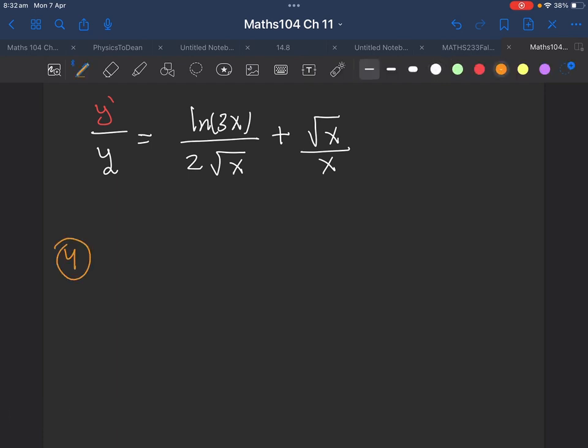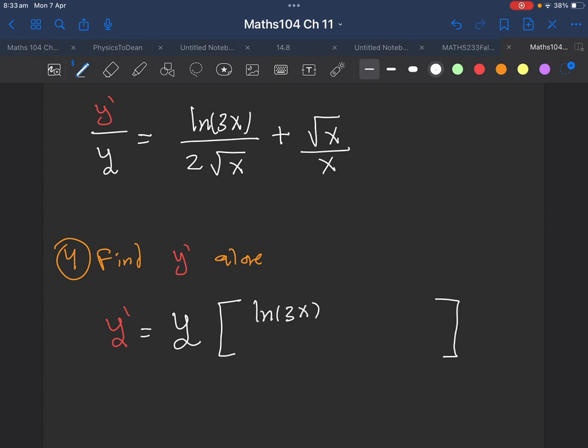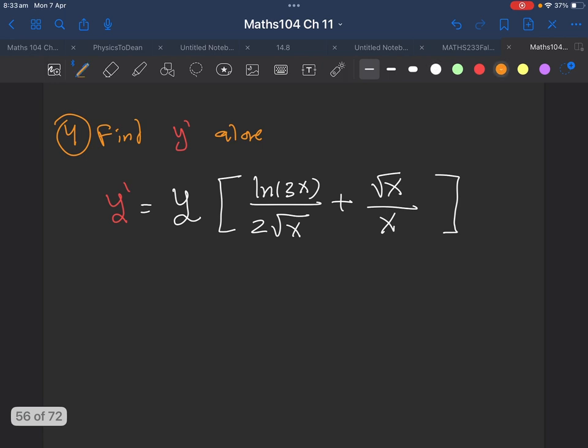Step number 4, find y prime alone. Now, what is y prime alone? It's equal to y, times ln 3x divided by 2 square root of x plus square root of x divided by x. Step number 5, write in terms of x.